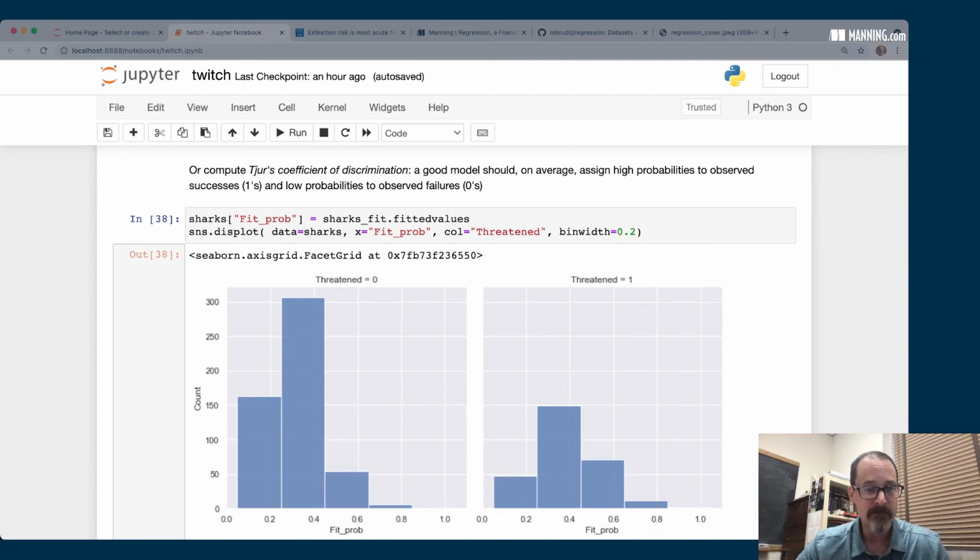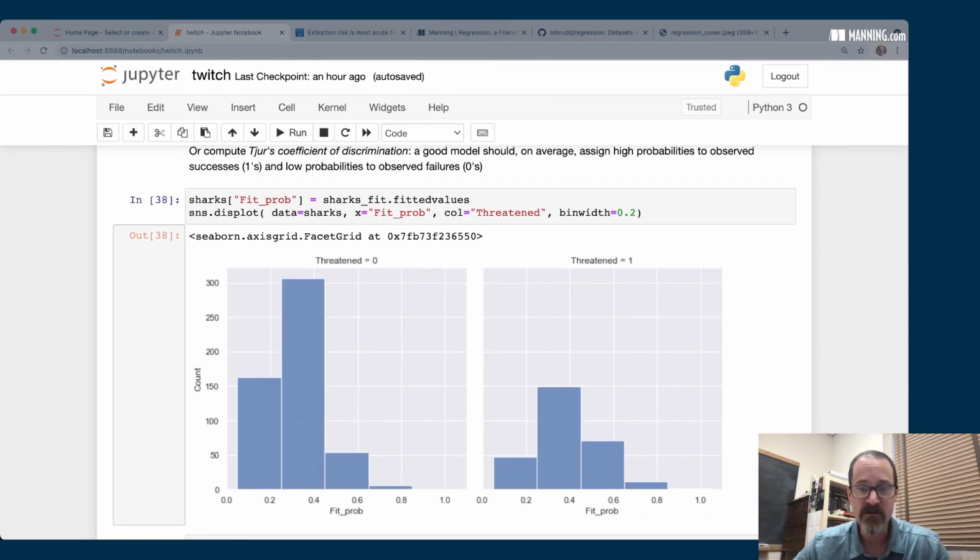For this logistic model, for threatened equals 0, the non-threatened fish, the predicted probabilities are pretty low, centered at 0.4, so they're below 0.5, that's good. But they're also low for the threatened class, and that's not good.